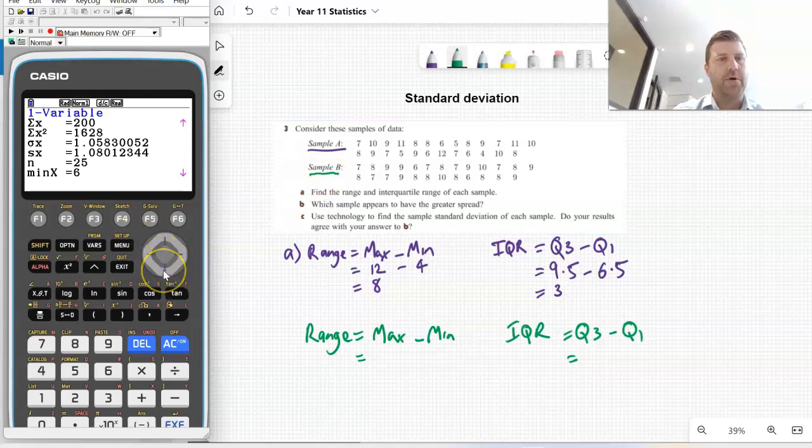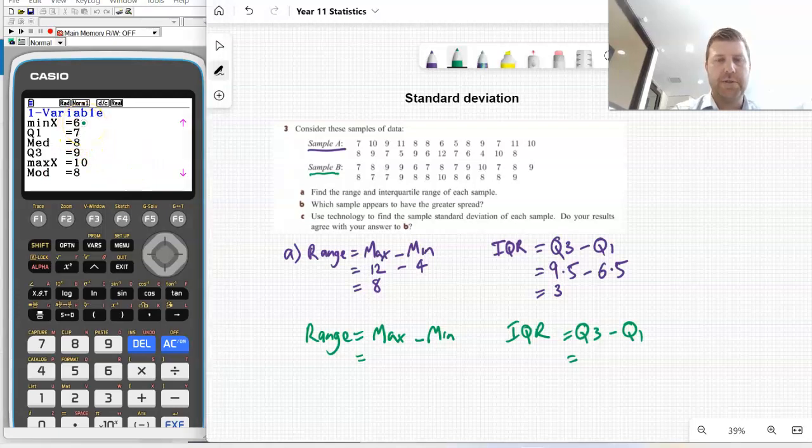So if I scroll down again to my maximum, which is 10, and my minimum, which is 6, that gives me a range of 4. My Q3 is 9 and my Q1 is 7, so 9 take 7 is 2. That gives me a range of 4 and an interquartile range of 2.